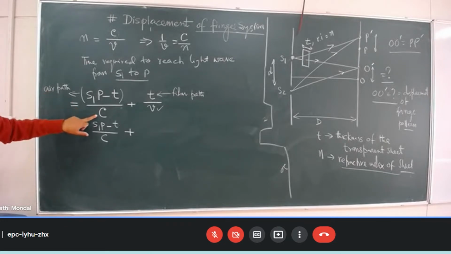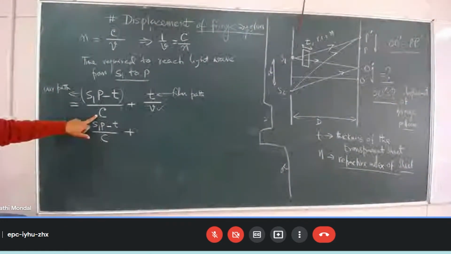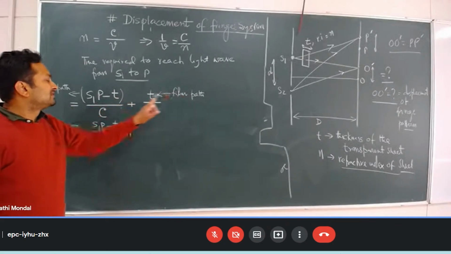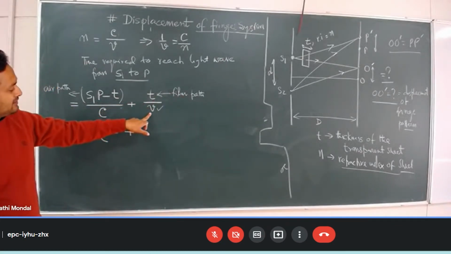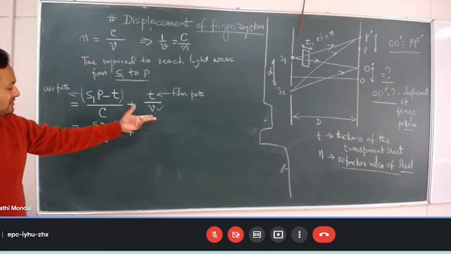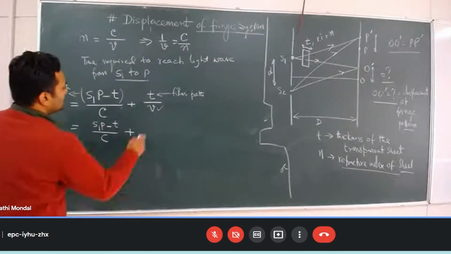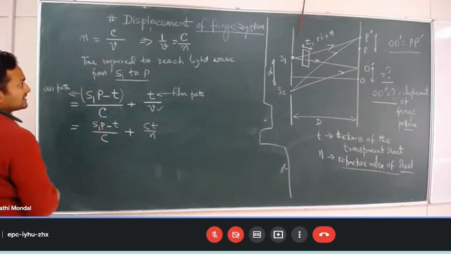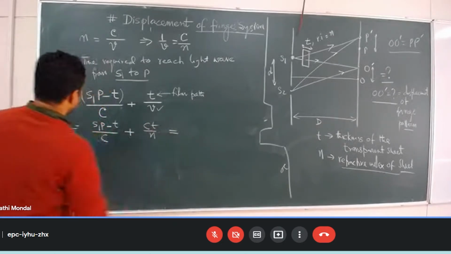It is divided by the velocity of light in air. How much time will it take to cover the film path? T divided by the velocity of the light in the film V. That's what I'm doing. So N T by C. So that means it will give you how much?